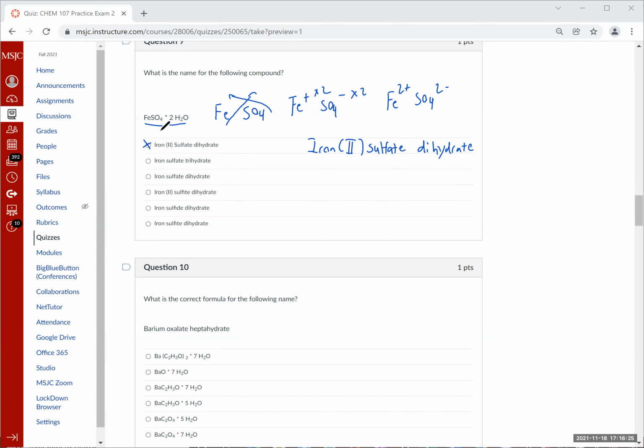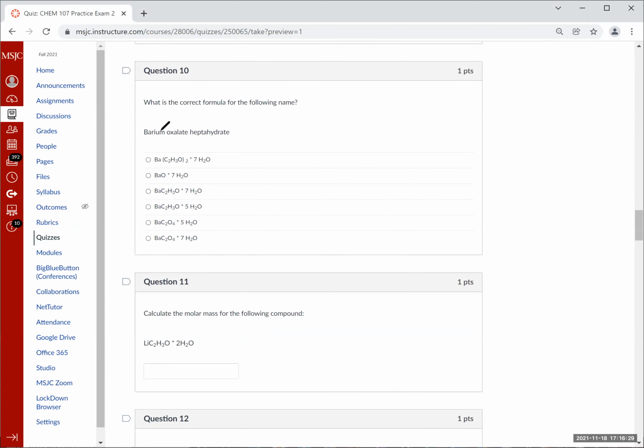Okay. Moving on to the next problem in the series, we're asked what's the correct formula for the following name? So we have barium oxalate heptahydrate. Well, barium prefers to adopt a 2+ charge. Oxalate is C2O4 2-. Crossing our charges, that gives us a formula of barium oxalate as follows.